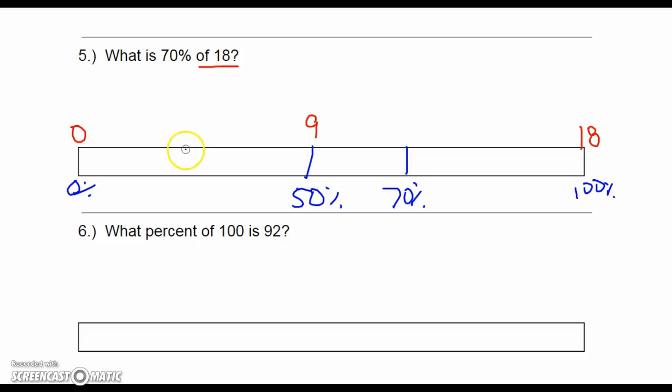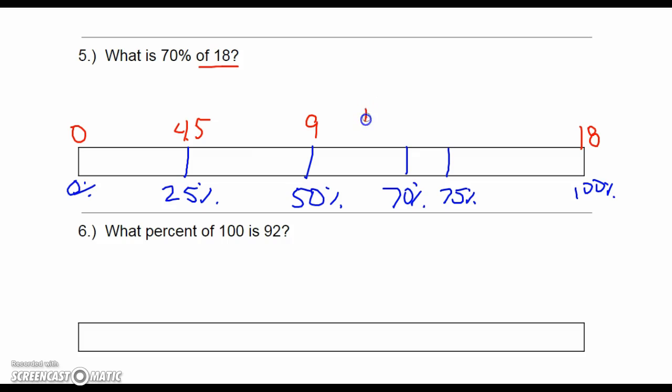Another thing I can think about is halfway between 50% and 0%, which is 25%. Halfway between 9 and 0 is 4.5. So this 25% is 4.5, and another 25% would be another 4.5.